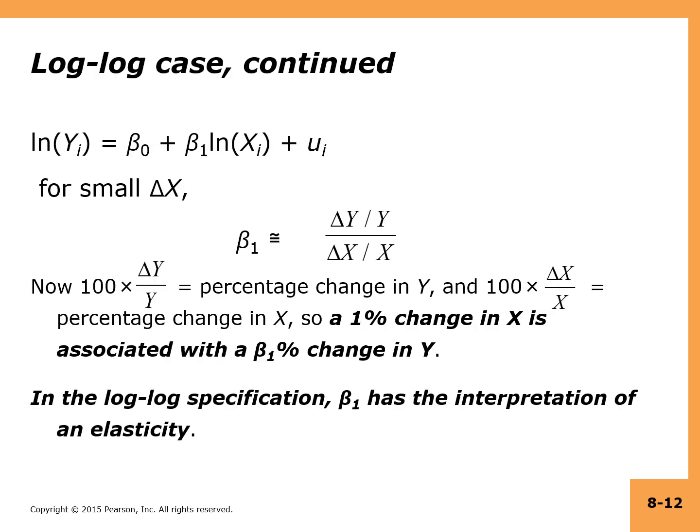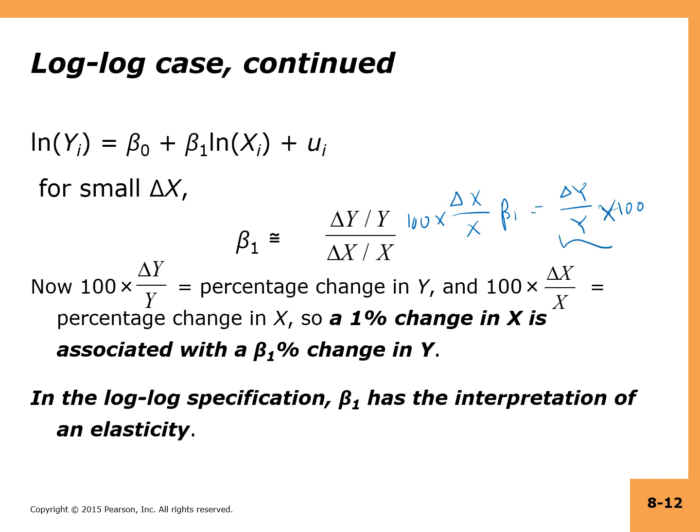So as in the previous case, I'm going to rearrange this function a little bit. Multiplying the left-hand side and the right-hand side by change in x over x gives me this function. Then I'm going to multiply both sides by 100.